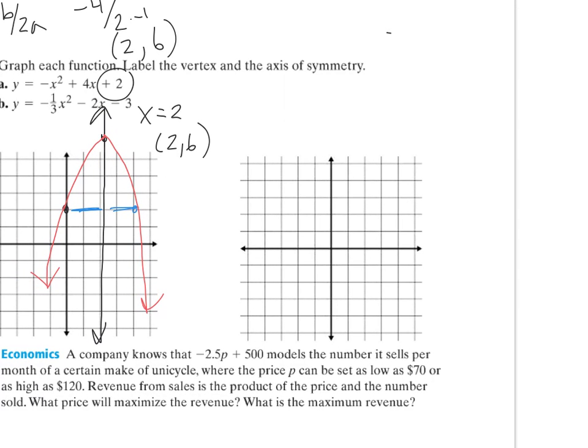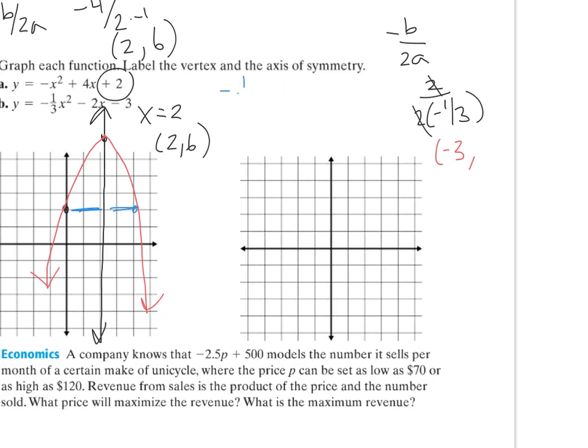So I'm going to do negative b over 2a. So it's opposite 2 over 2 times negative 1/3. So these twos will cancel out, and you're dividing by negative 1/3, which means you're multiplying by negative 3. So the vertex is at negative 3. So now I'm going to plug negative 3 in.